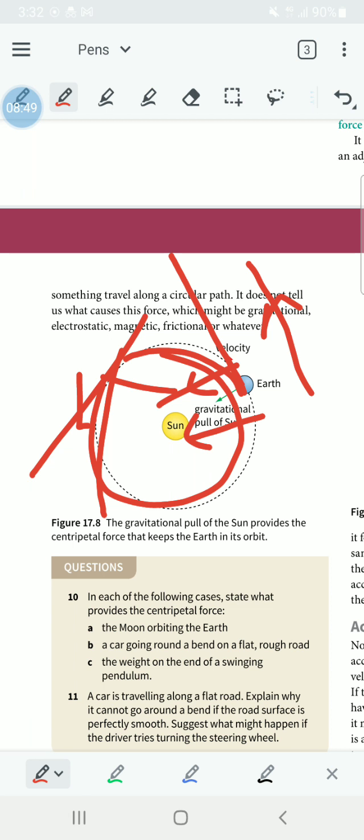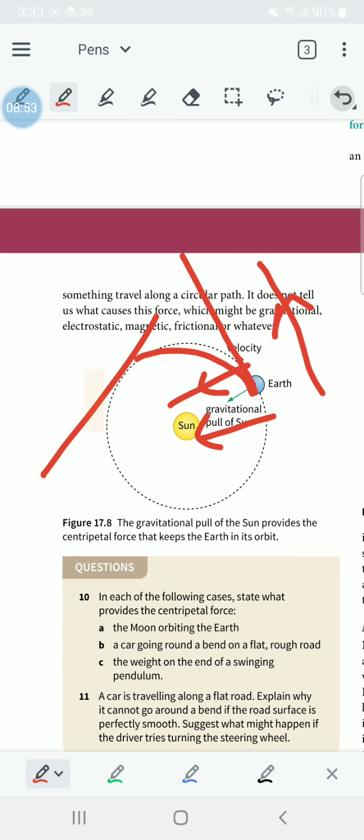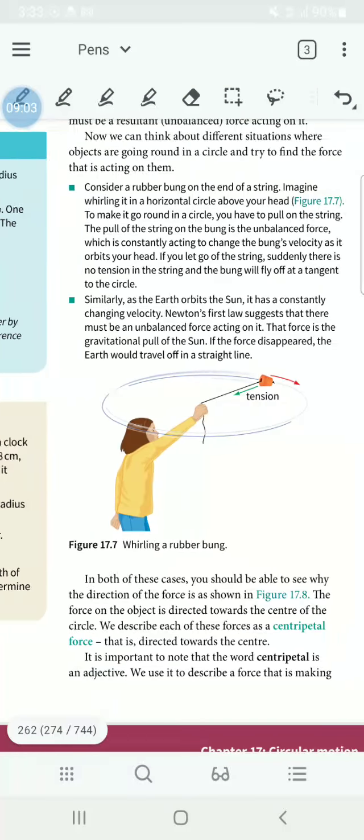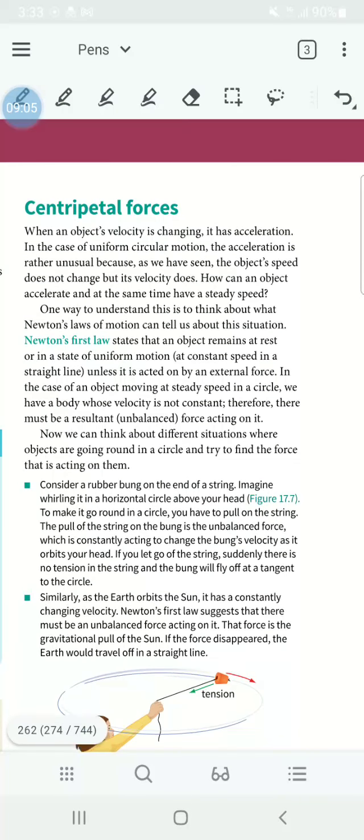Let's write down the note. Write down centripetal force. The force that keeps an object moving in a circle is known as centripetal force.